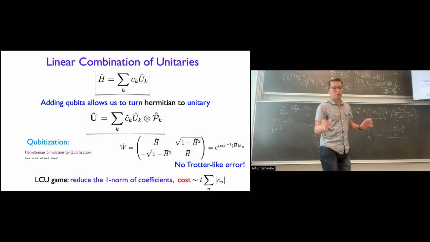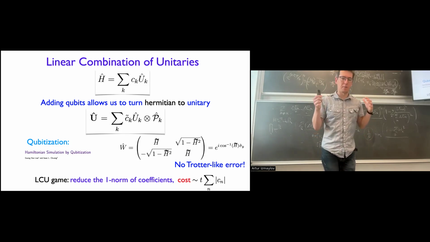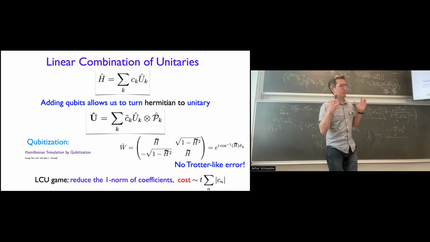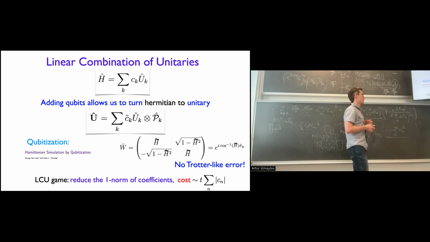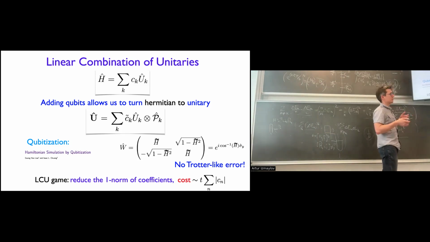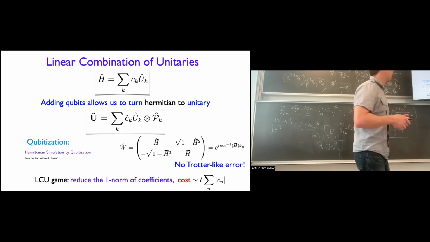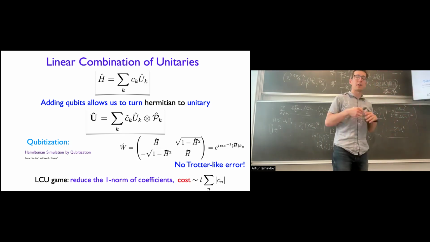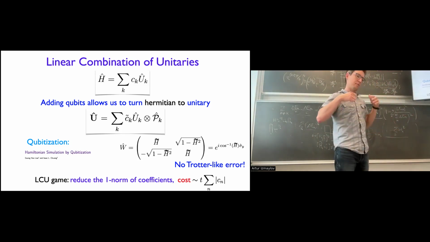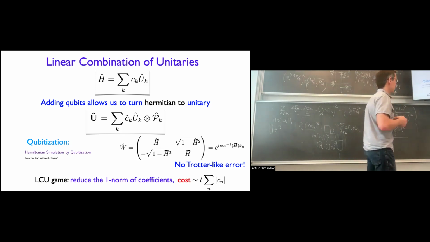But Trotter also has some advantages if one thinks about early fault tolerant regimes. Trotter has the benefit of fewer qubits, because linear combination of unitaries, as we'll see tomorrow, requires even more ancilla qubits than the Trotter-based methods.